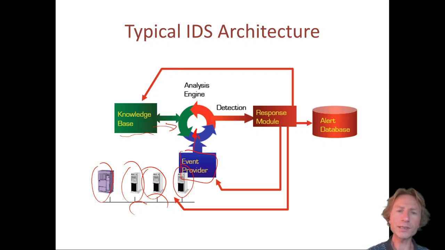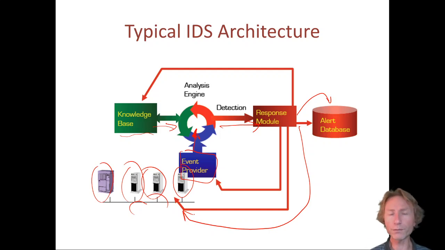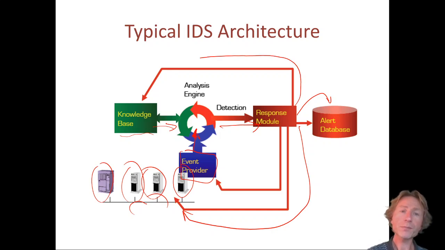And if there is an attack detected in the events provided by the event provider, it will actually go to a response module, which can do a number of things. So first of all, it can log the event in an alert database. It could do something actively to these systems. For instance, it could reconfigure firewalls, or maybe drop some TCP connections or what have you.